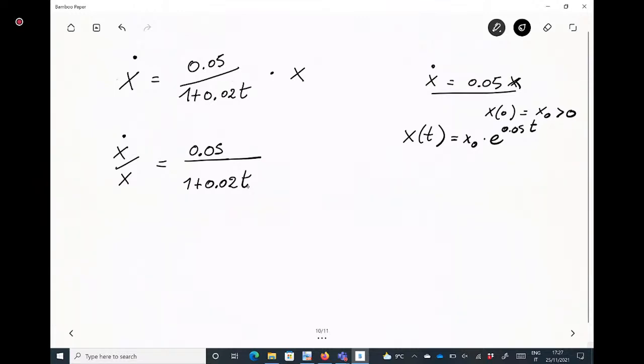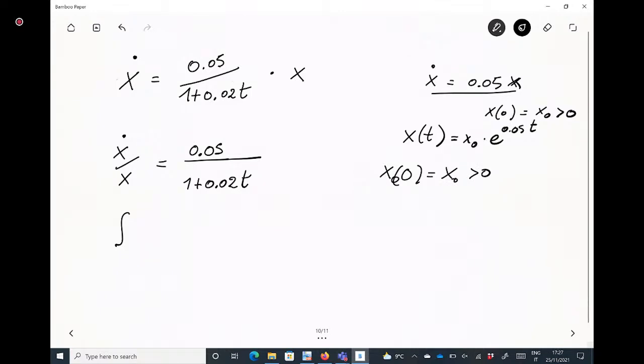When t is equal to 50, in the denominator you have 2, and this is 2.5%. So in 50 years, the growth rate decreases from 5% to 2.5%, in a lot of time. Initially, it is 5%. How can we solve this differential equation? The integral. Again, we want to impose x(0) equal to x0, positive.